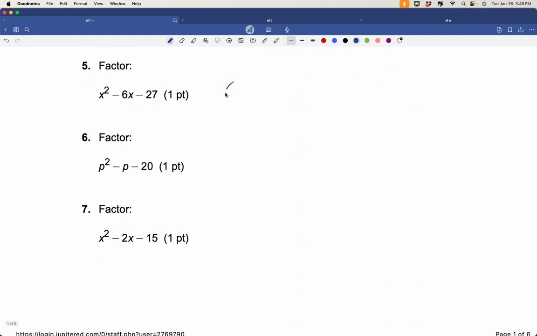For number 5, we're looking at negative 27. What factors of negative 27 would give us a negative 6? That would be negative 9 times a positive 3, which would give us negative 27, but when added gives us a negative 6. So x minus 9, x plus 3.